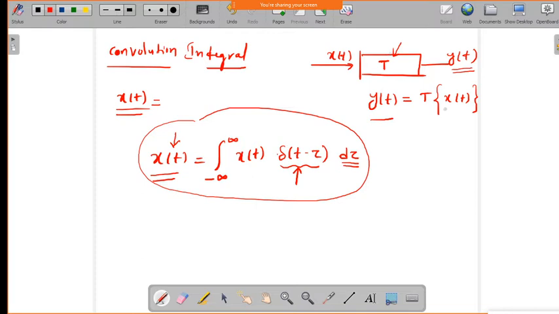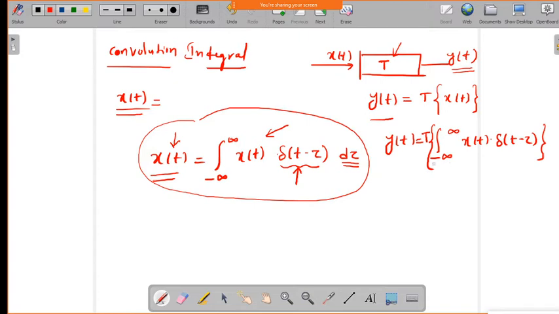Now we can express x of t in terms of time shifted impulses. So y of t equals the integral from minus infinity to plus infinity of the system's response to x of t into delta of t minus tau. Now we know the linearity property.